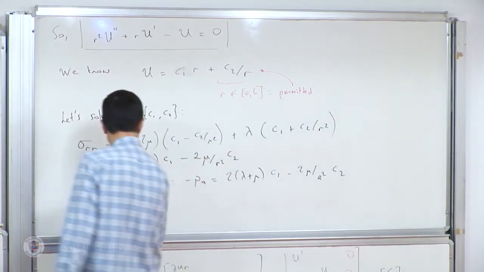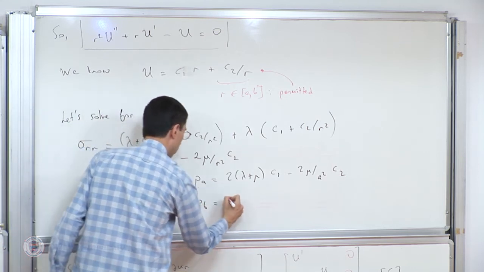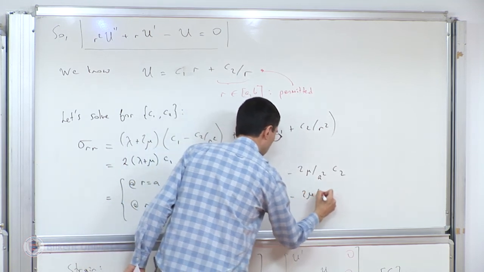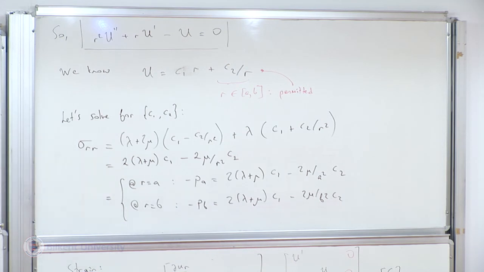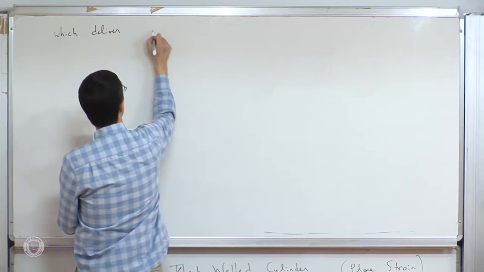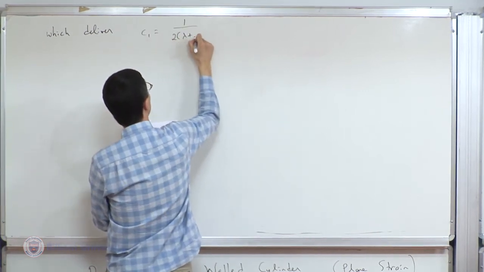And likewise, at r equals b, it should be equal to minus Pb. So the second equation is that, okay, which together deliver what C1 and C2 are. So C1 is, let me write down the result, 2 lambda plus mu.